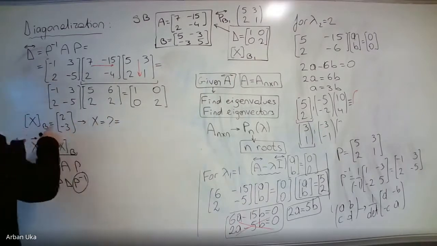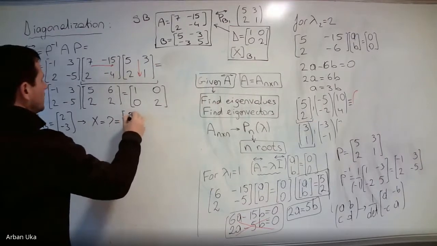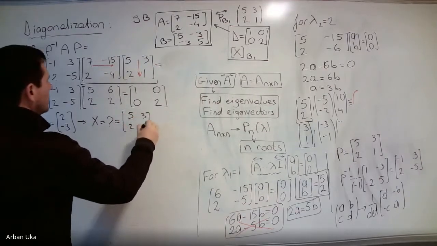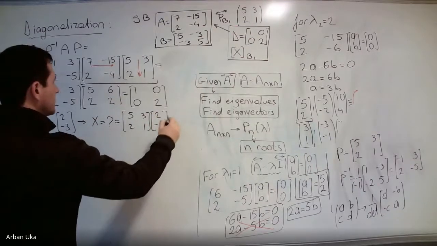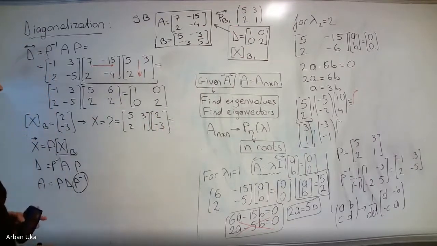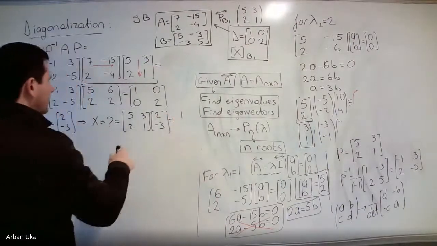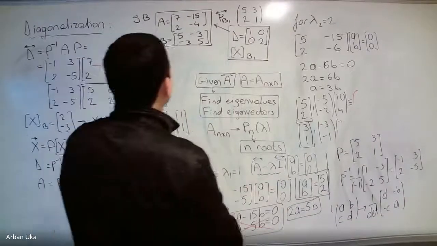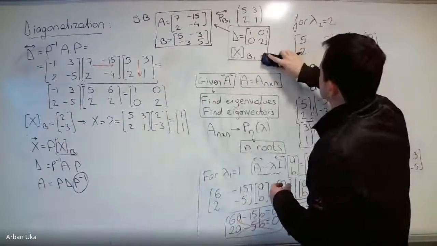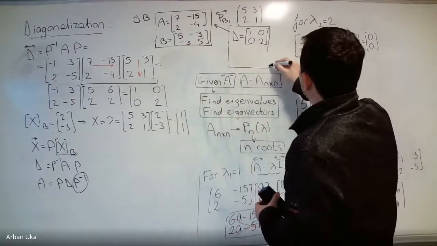What is x? If this is the x in the new basis, this is going to be 5, 2, 3, 1 multiplied by the vector 2, minus 3, and this will be equal to 10 minus 9, 1, and 4 minus 3, 1. We've got the vector 1, 1. So let's add this into this picture, and let's just also add a reminder.